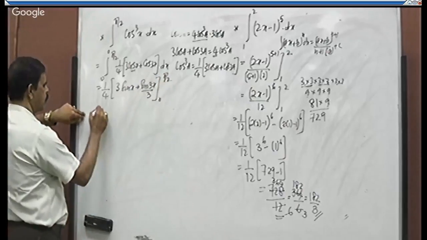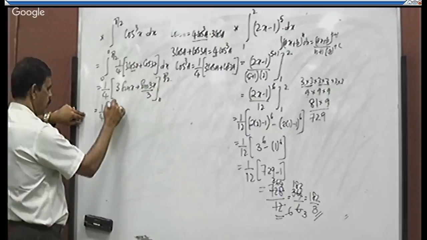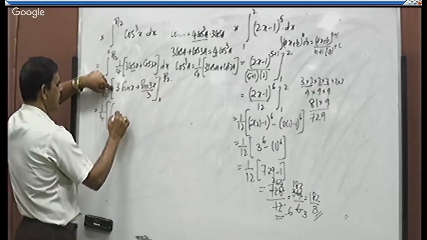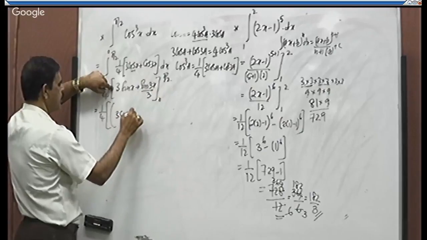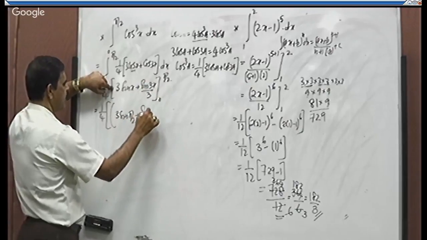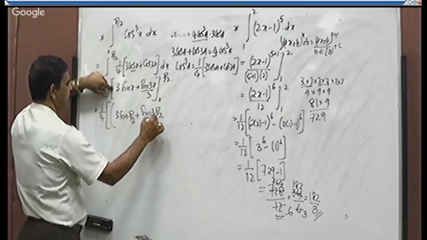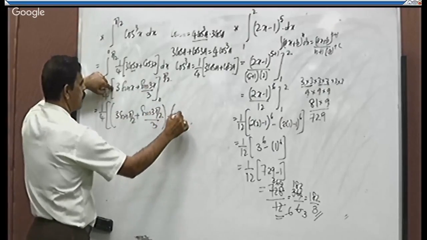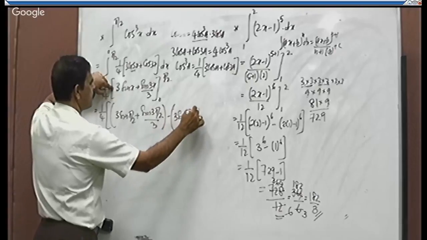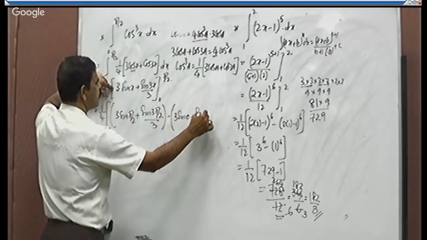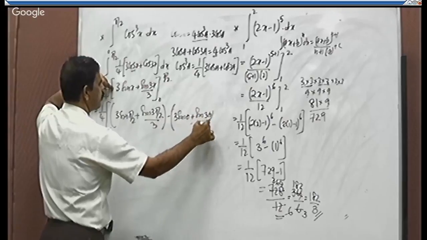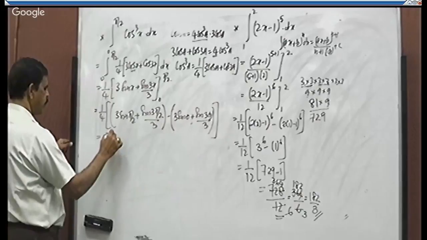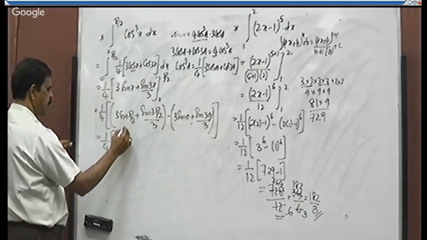That is equal to 1 by 4 into, in small bracket, write x by pi by 2: 3 sin pi by 2 plus sin of 3 pi by 2 divided by 3, minus lower limit, 3 into sin 0 plus sin of 3 into 0 divided by 3. It is 1 by 4 into 3 into sin 90.